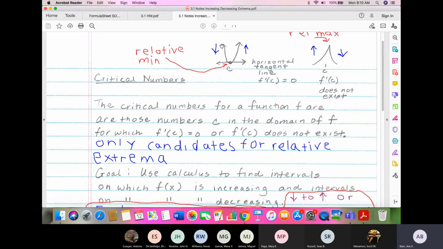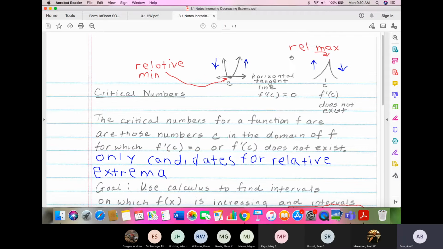So if you notice, when we go down here and then we turn in a small region of the graph, this point that we're calling C is a low point. It's called a relative minimum. And in a small region of this graph, this is a high point.